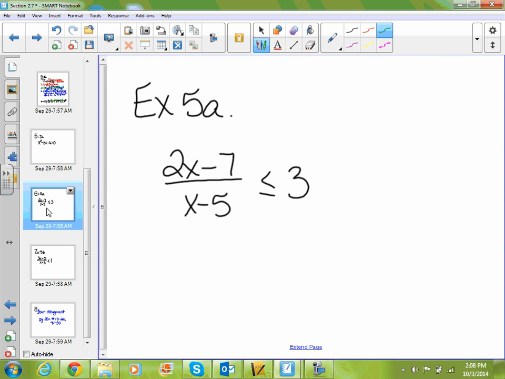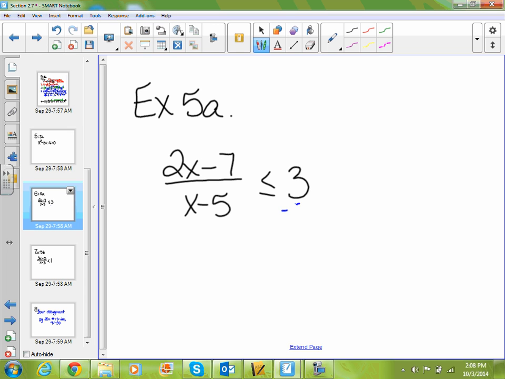So let's look at example 5. We get (2x minus 7) over (x minus 5) is less than or equal to 3. We're going to do similar stuff where we need to find our zeros. But the first thing we're going to need to do is make it easier.